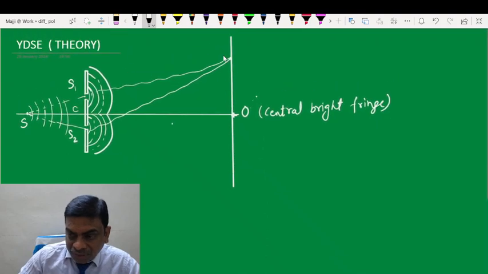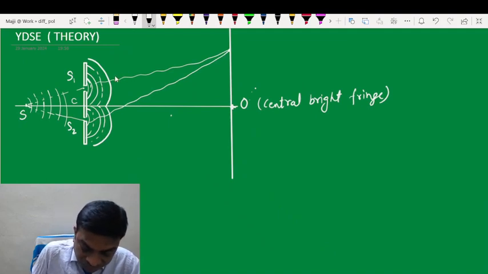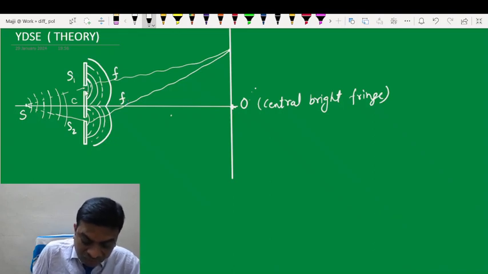Okay. So now it is important that in interference the frequencies must be the same. It's very, very important. So that means if the frequency of the wave coming from source S1 is f, then that coming from source S2 should also be f. As you can see, S1 and S2 have been derived from the same parent source.